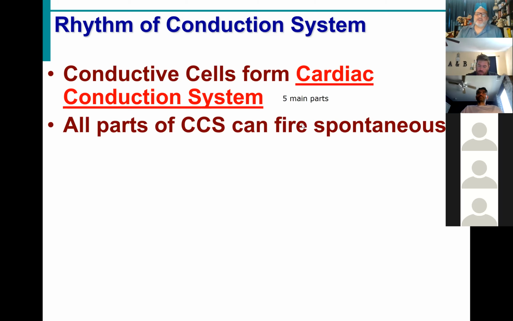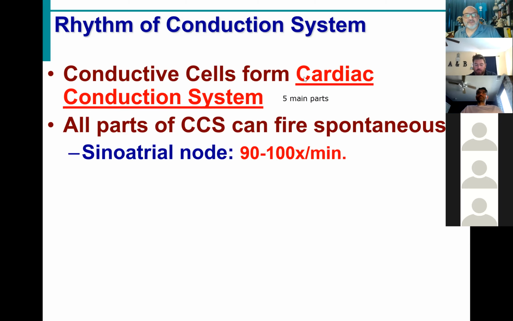Now, it is important to understand that all of these parts of the cardiac conduction system do not have a resting membrane potential, all are autorhythmic, and therefore produce their own action potentials, fire spontaneously. But they don't all fire at the same rate. Some of them are faster than others.